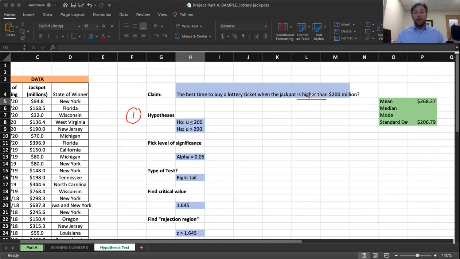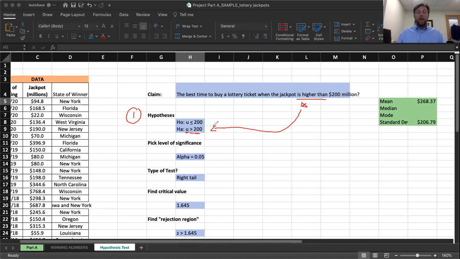Because it's higher than, it's expressing an inequality. We're not allowing it to be equal to 200. So that means we're saying that the mean jackpot is going to be higher than 200. In other words, this higher than corresponded to the alternative hypothesis.